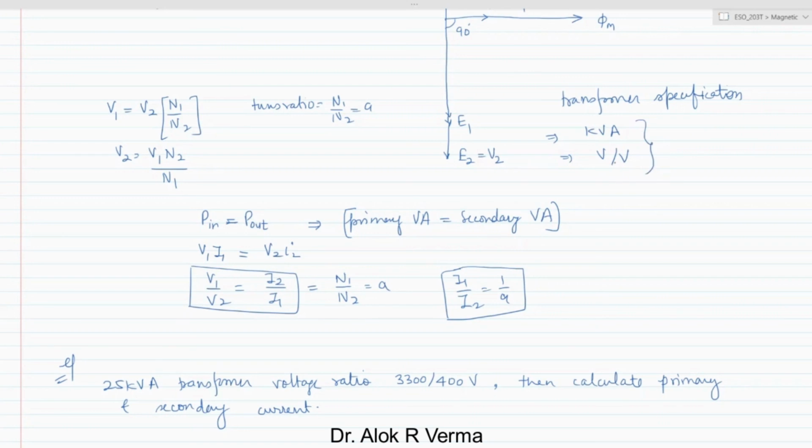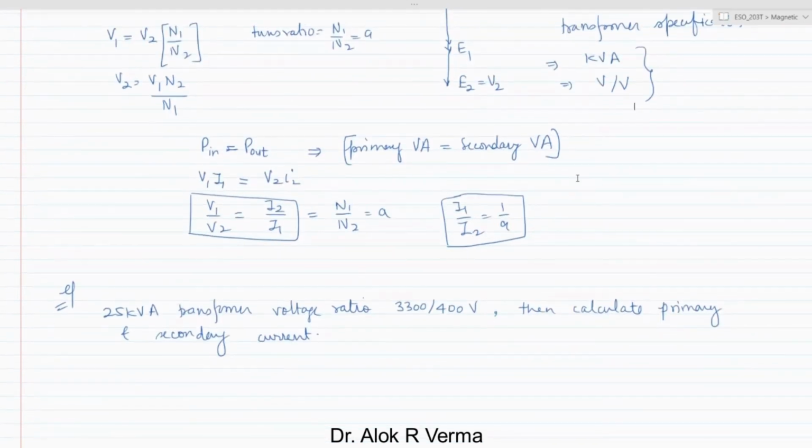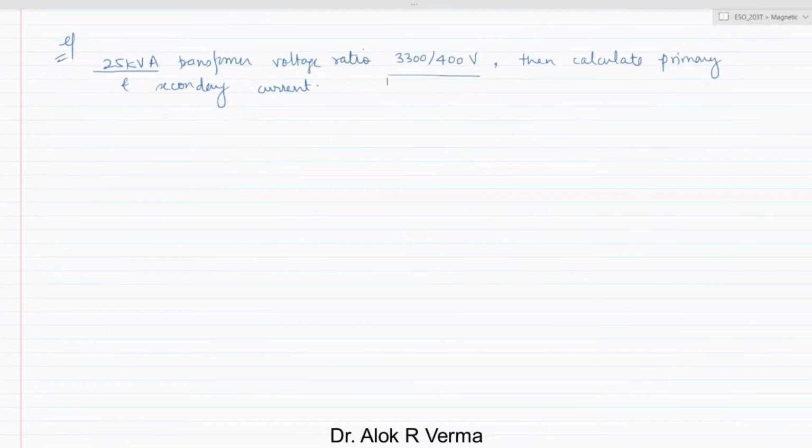So these are the two very important ratings of the transformer specification. Here you can see the kVA is mentioned and the voltage ratio is mentioned. So this is how you have to define the transformer: what is the voltage ratio and how much power it can carry. With that, let us look into this example.